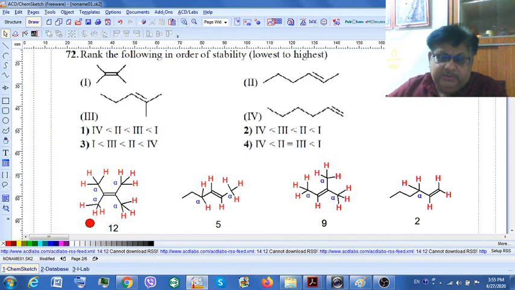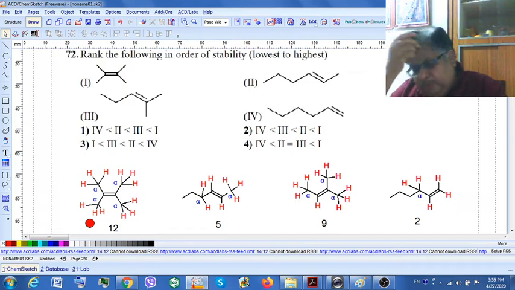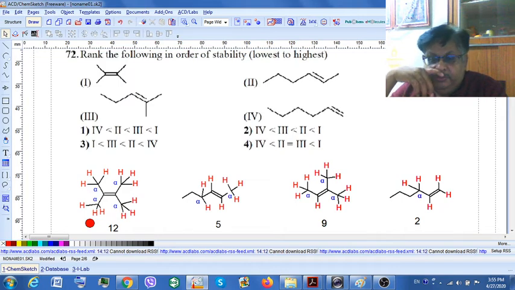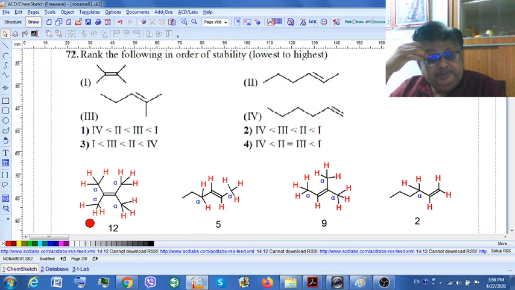So greater the number of alpha hydrogens, greater is the stability. I would say that the compound with 12 alpha hydrogens is more stable than the compound with 2 alpha hydrogens. So the order of stability would have been 12 greater than 9 greater than 5 greater than 2, or it would have been 1 more stable than 3, more stable than 2, more stable than 4.